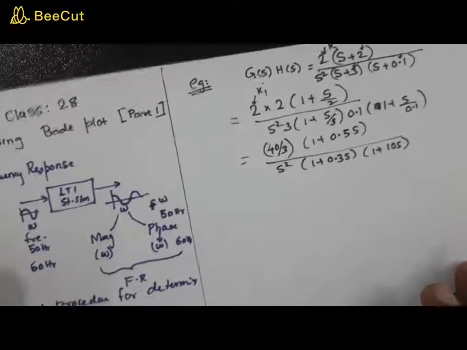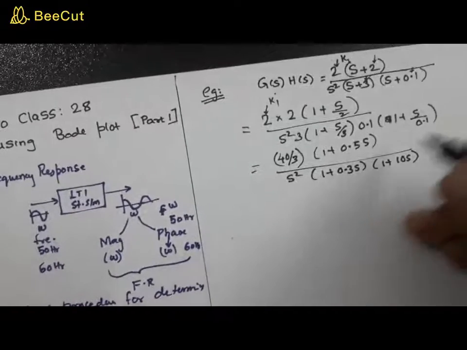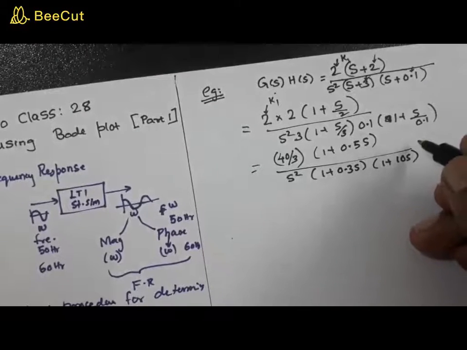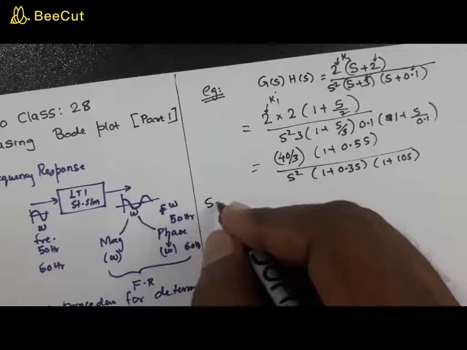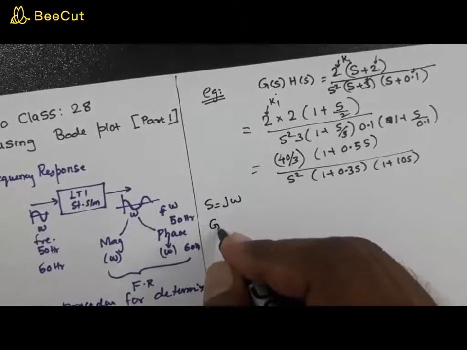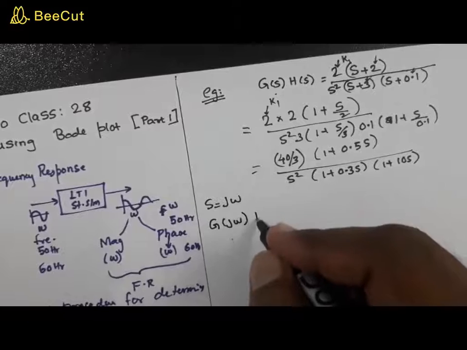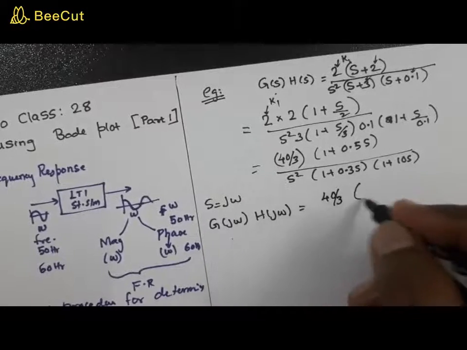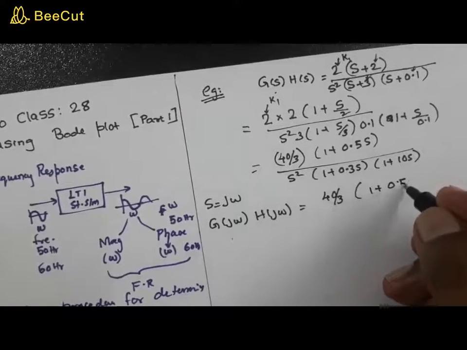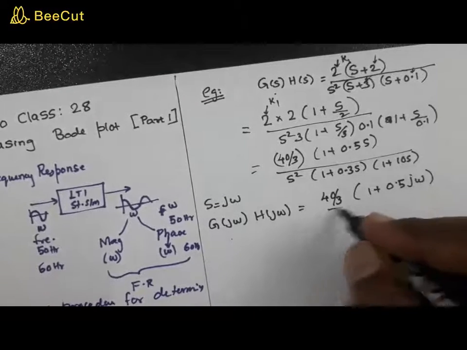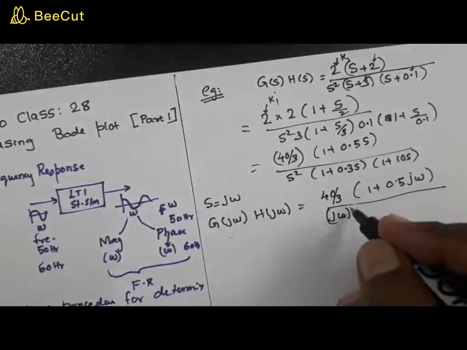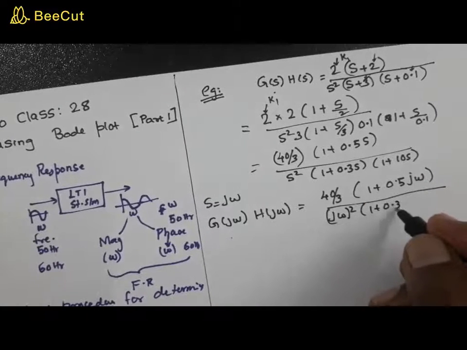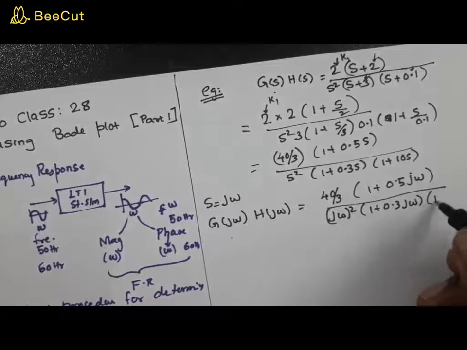Now this is just an open loop transfer function in the Bode form. You need to put s equal to j omega, then only you will get the sinusoidal open loop transfer function in Bode form. So this will be 40 by 3 into (1 plus 0.5 j omega) divided by (j omega) the whole square into (1 plus 0.3 j omega) into (1 plus 10 j omega).